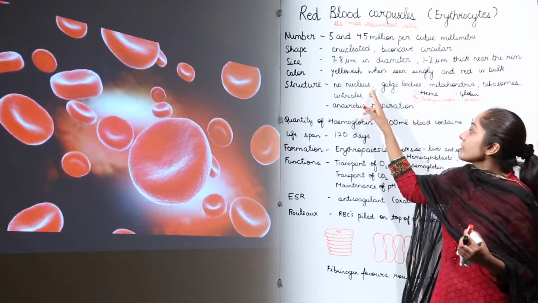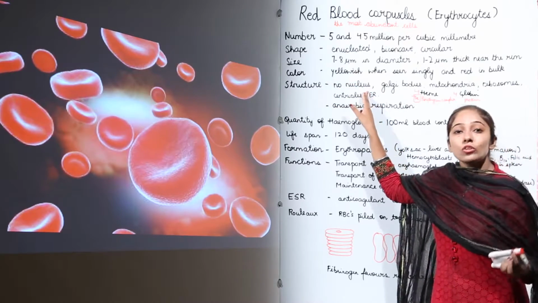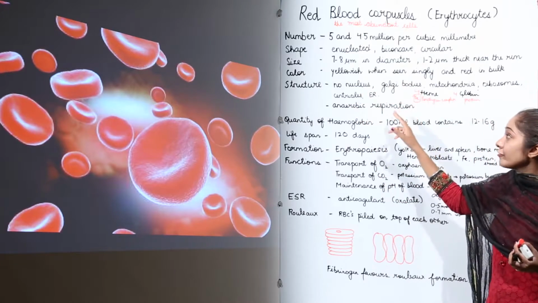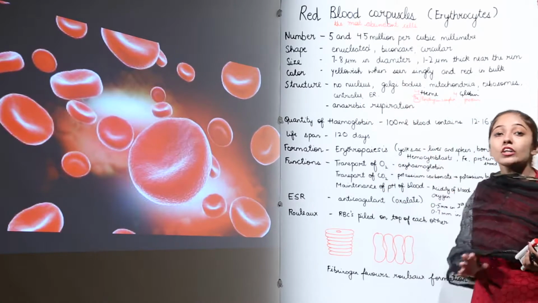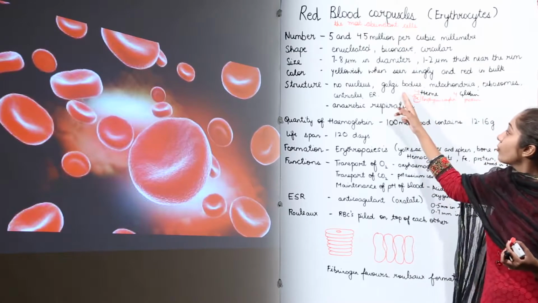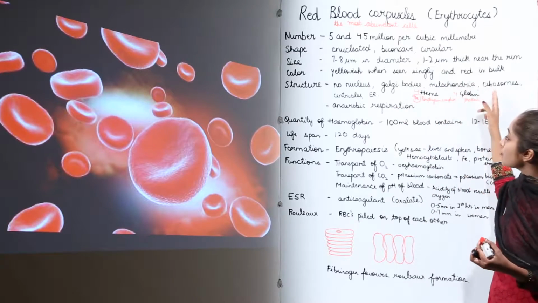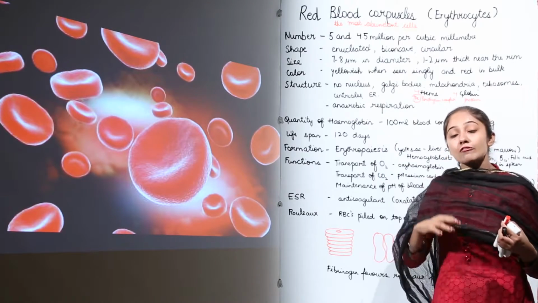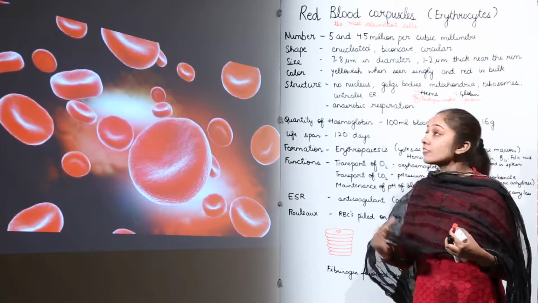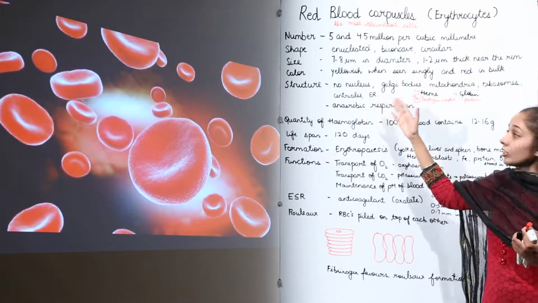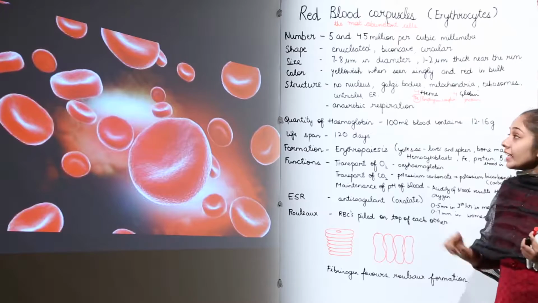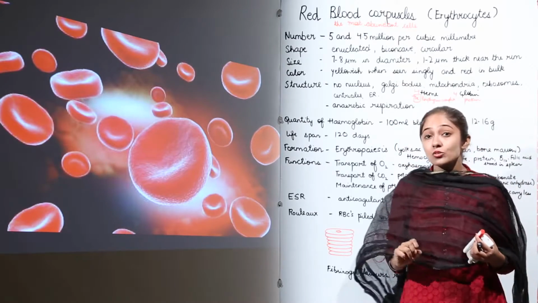Then let's talk about the structure of RBCs. There is no nucleus, as I already told you; they are enucleated. And they also don't have many organelles, that is, they don't have Golgi bodies, mitochondria, ribosomes, centrioles, or endoplasmic reticulum. How does this provide an advantage to the RBCs?